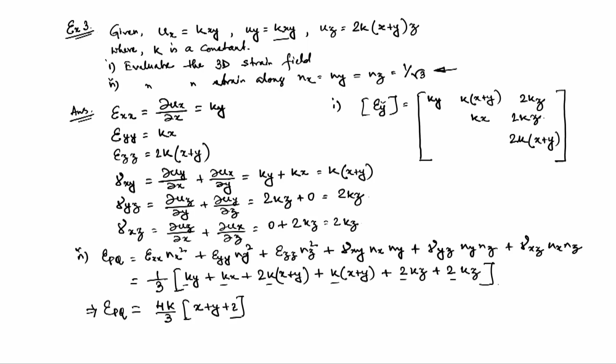Also, if we have a volume, then we can estimate the initial volume, we can estimate the final volume, because once we quantify this epsilon pq, you can see here. So, this epsilon pq, then we can extend that model for all the edges of our 3D volume, and then we can evaluate the final volume, and once we evaluate the final volume, we know initial volume, we can easily estimate the volumetric strain. So, with that, let us close here.